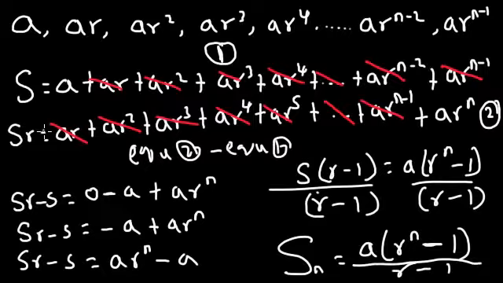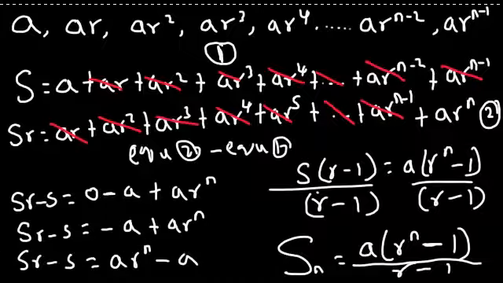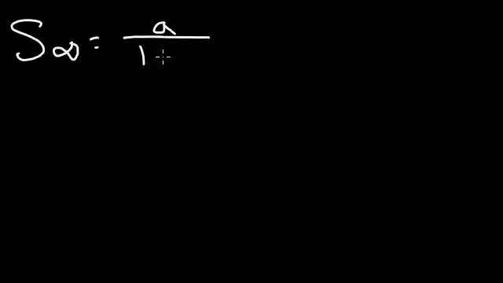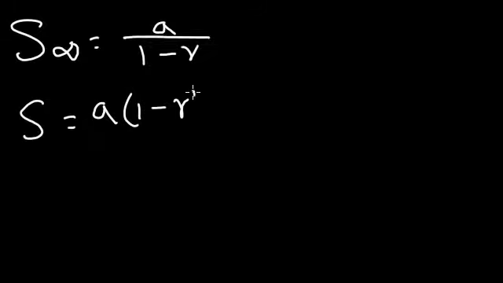Okay, perfect. So now let's show the sum to infinity formula. We said for the sum to infinity, S of infinity equals a divided by 1 minus r. To prove this, we'll use the sum of terms formula for common ratio less than 1. We say for common ratio less than 1, we have a multiplied by 1 minus r to the power of n divided by 1 minus r.